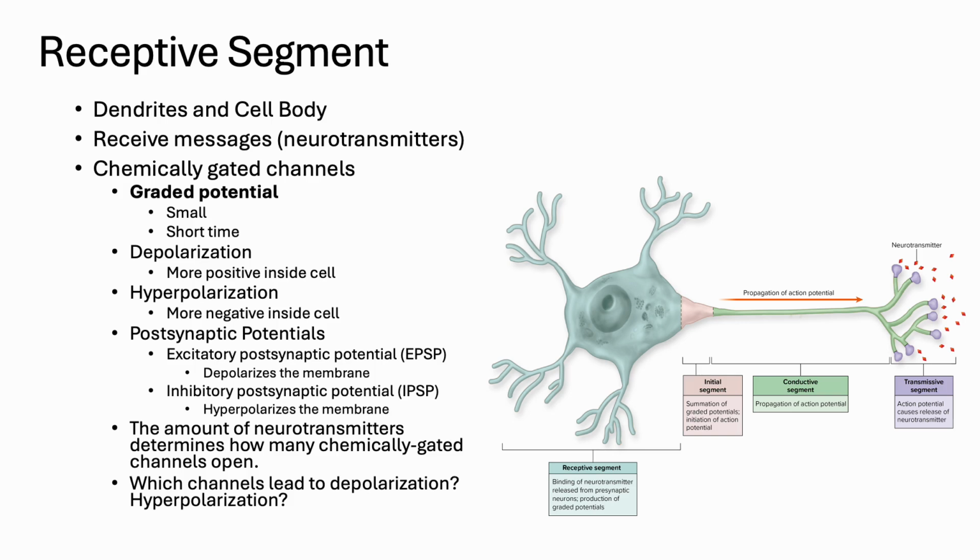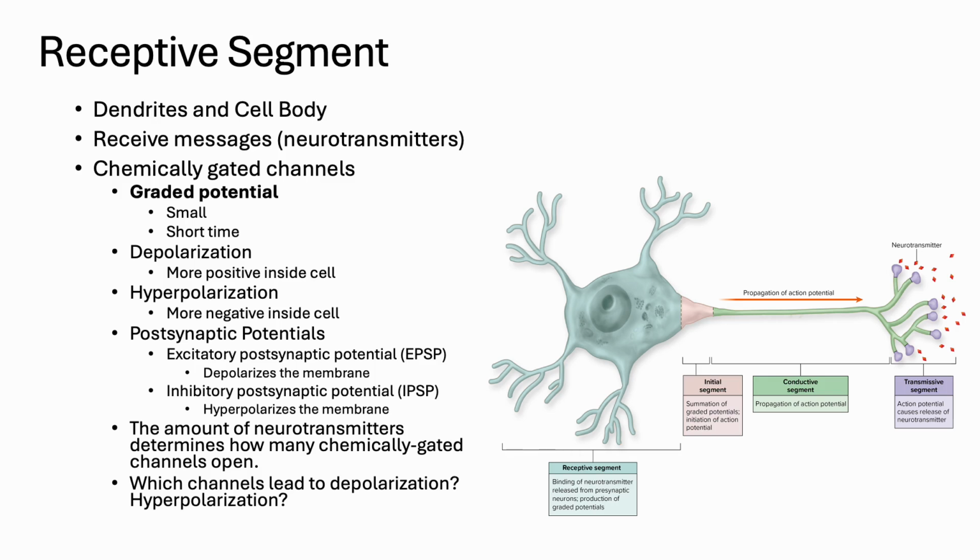Now, a couple of terms that we've already talked about a little bit, but I want to make sure we discuss, are depolarization and hyperpolarization. Now remember that for the neuron, the resting membrane potential means that the inside of the neuron is going to be more negative than the outside, and it's about negative 70 millivolts, the inside, or the charge difference.